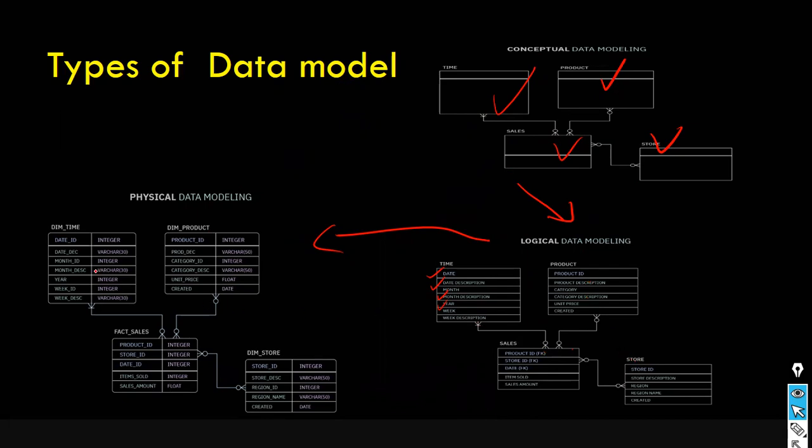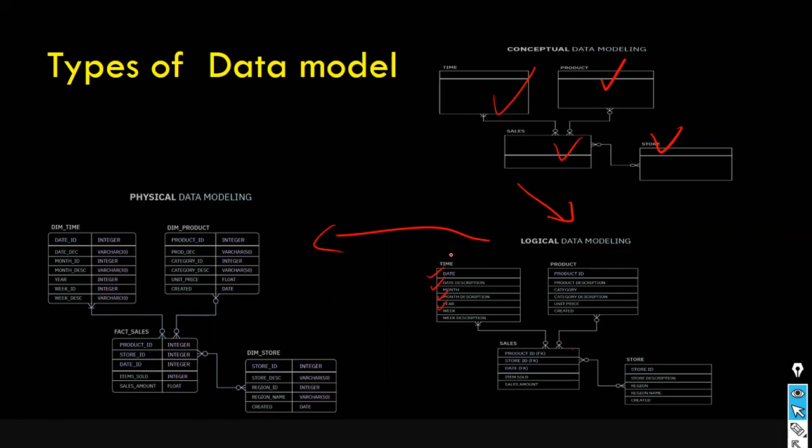The next step is, for each column, what is the data type? For example, the date is an integer data type, date ID, date description. Take this example, product ID is an integer, product description, category ID. This product belongs to which category? And what is the category description? Unit price, and which date we created this product in this table. And then you have something called the facts, a transaction table, and a store dimension, right?